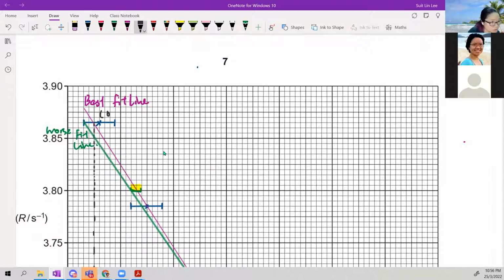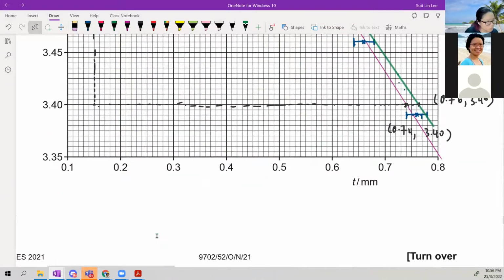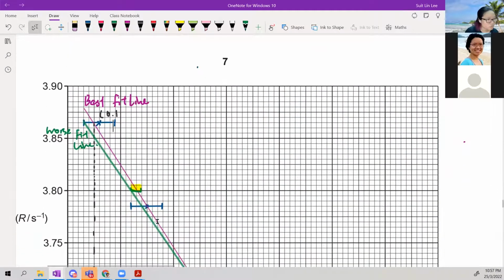So this one on top is 0.111. Wow, no, 0.15. This point here is also 0.15.